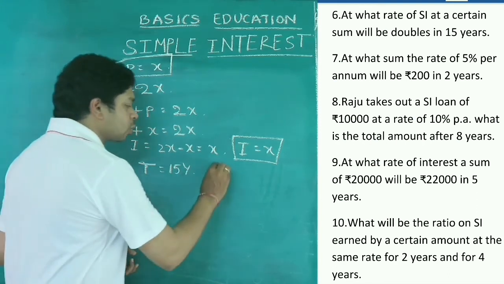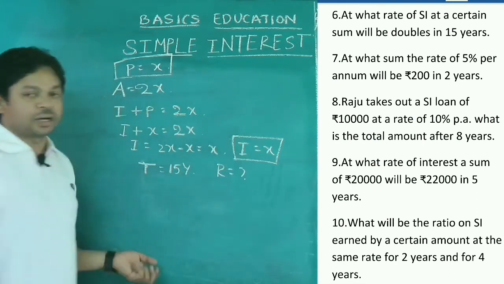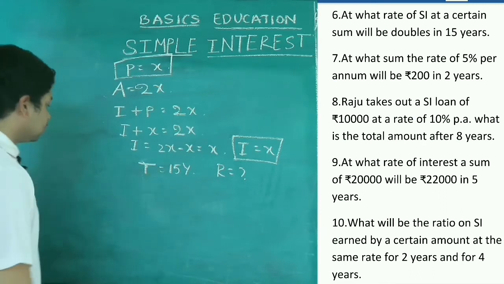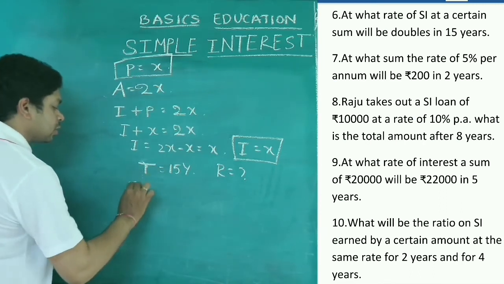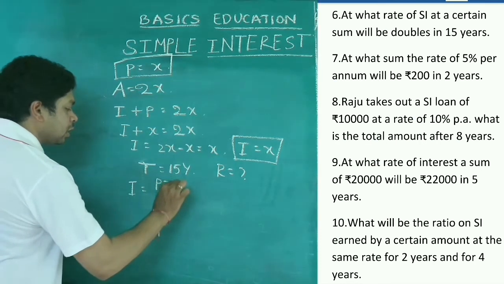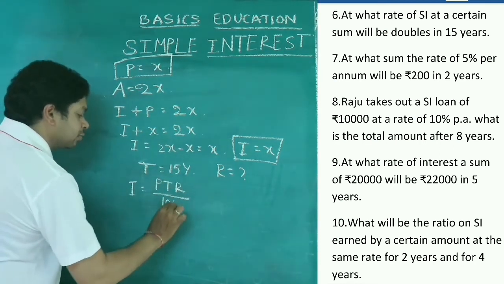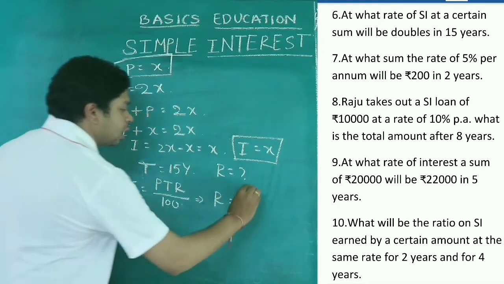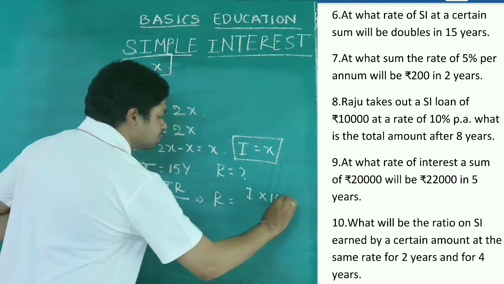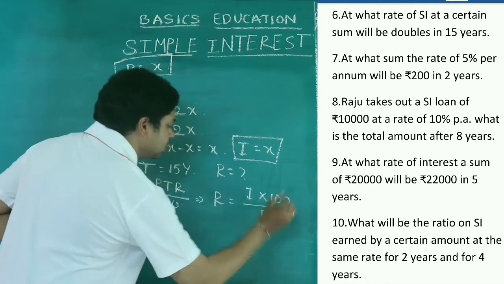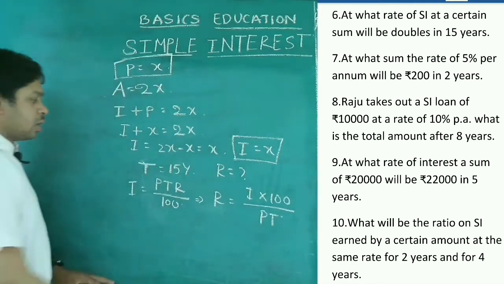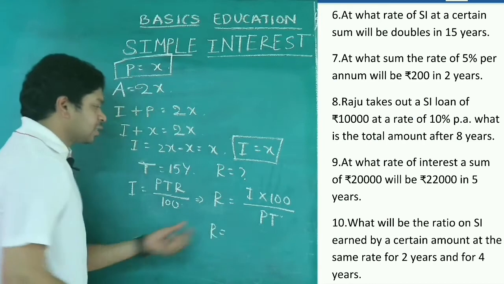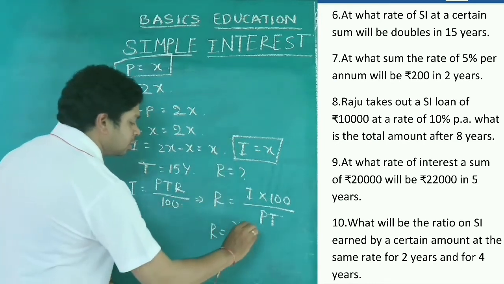What is the rate? We know that interest is equal to PTR by 100. From this we can write R equals I into 100 by PT. Then R equals, what is I? x into 100 by, what is the principal amount?